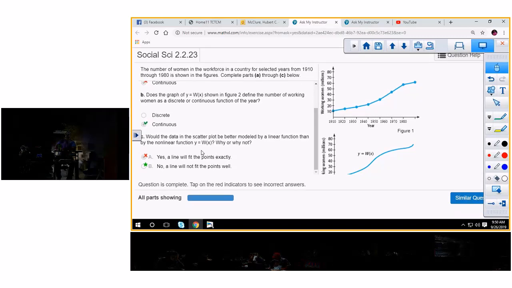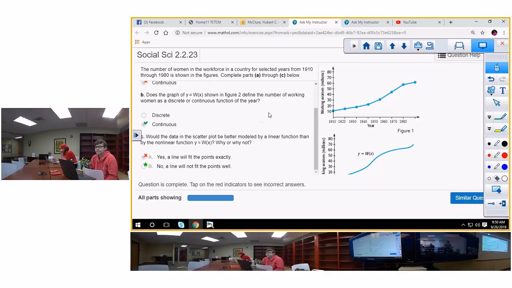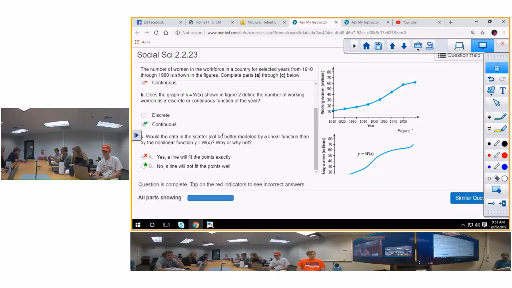Would the data in the scatter plot be better modeled by a linear function than by a nonlinear one? Probably linear, because you're not going to get a nonlinear function to match this one. I would say linear. Bless you. It says no, a line will not fit the points as well.